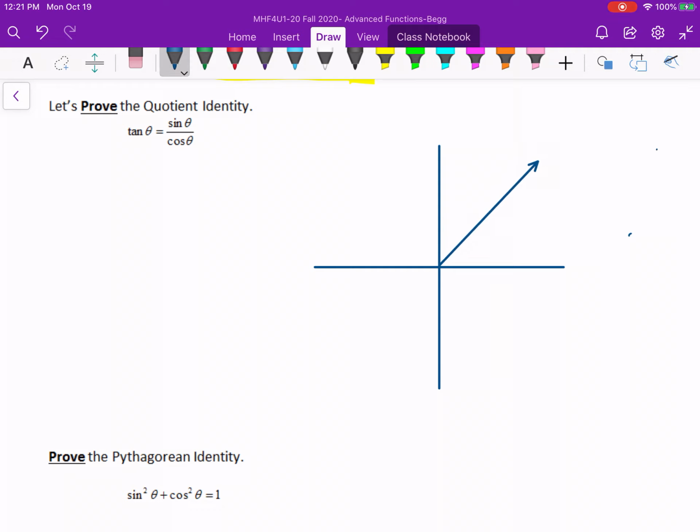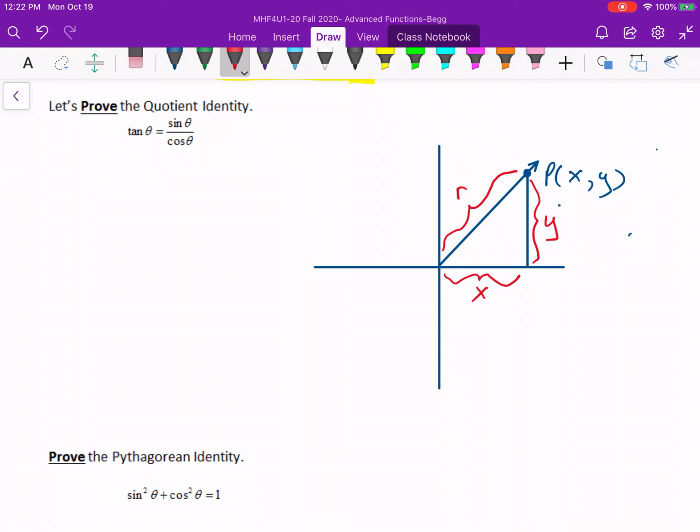So remember, if we've got a terminal arm and it's got this point P (x, y) on the terminal arm, then we can create a right triangle by dropping a vertical line down to the x-axis. That means that this side length here is just going to be equal in length to whatever the y-coordinate is. This side length is going to be equal in length to whatever the x-coordinate is. And the hypotenuse is going to be the radius.